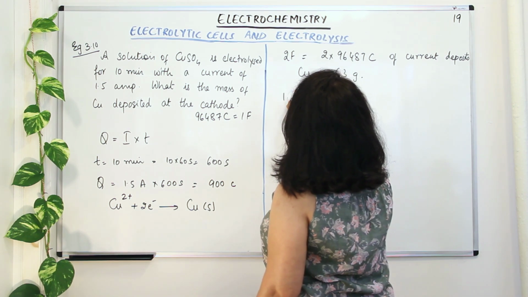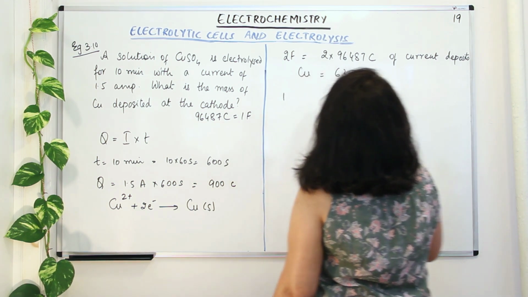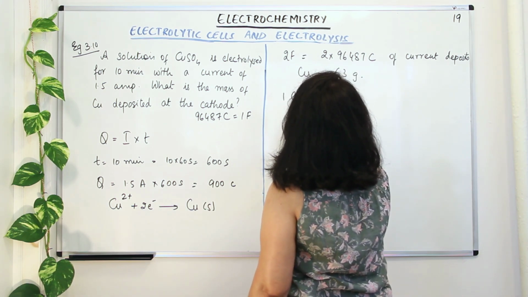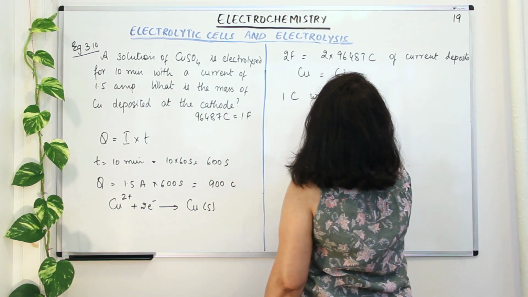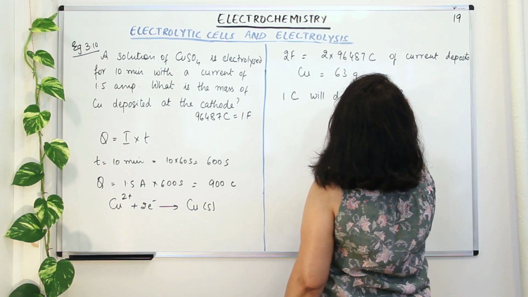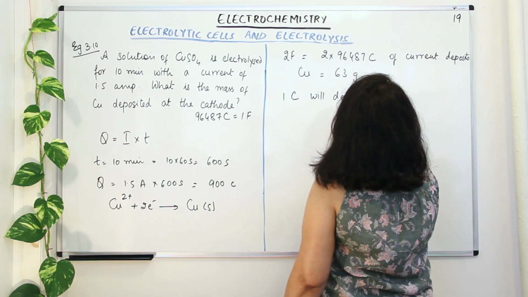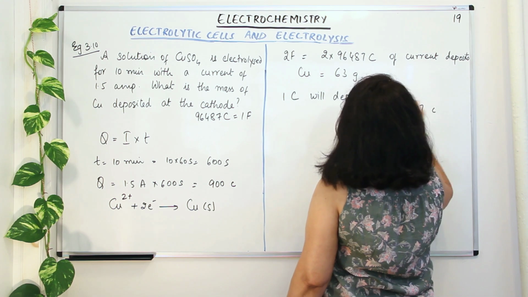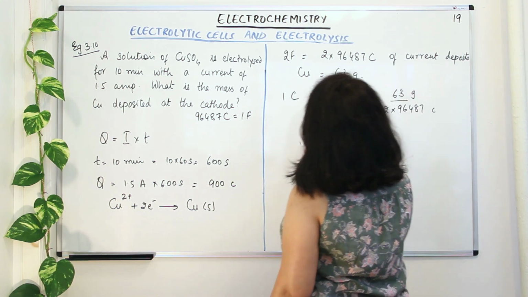So 1 coulomb will deposit 63 upon 2 into 96487 grams per coulomb, alright?